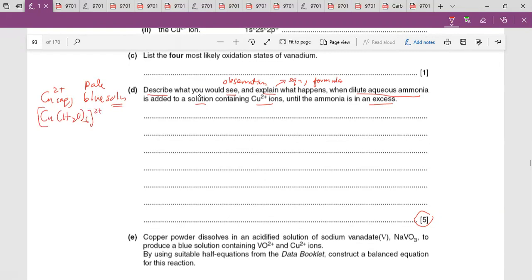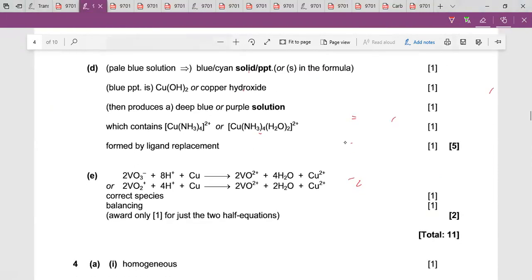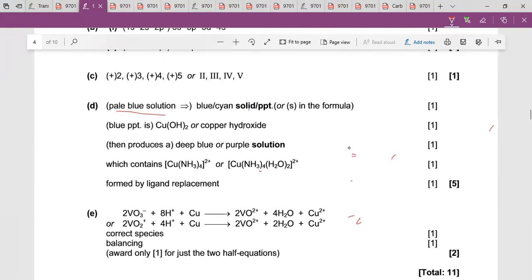Now, let's go to the marking scheme so I won't waste time. The first thing is, of course, the pale blue solution. Brackets mean that they won't give a mark; you can write it down, but they won't give a mark. Now when you add ammonia, remember NH3 can act in 2 ways.